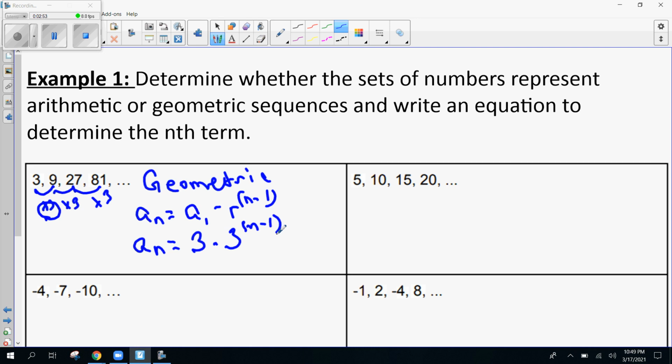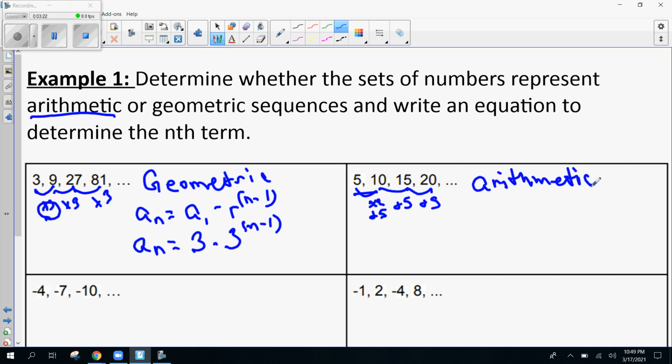In the next example, we could look at this and say, well, that's multiplied by 2. However, that does not work here. So we can then look and see that we add 5. In this case, we also add 5, and in this case, we also add 5. When we're adding by the same amount, it's an arithmetic sequence.